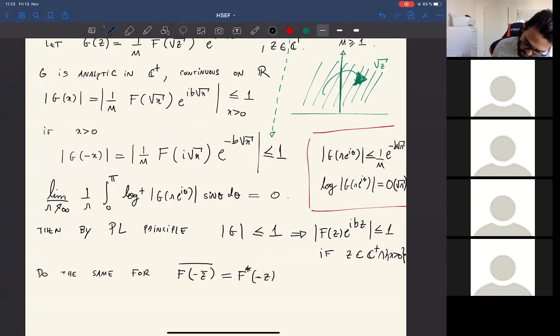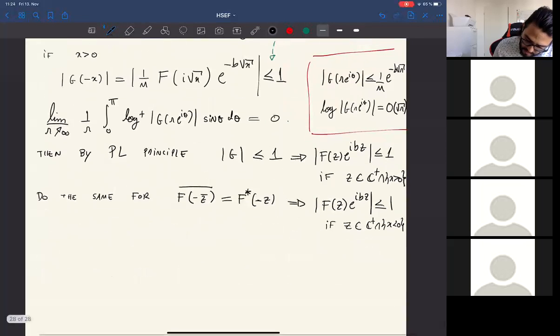It's an analytic function, and we conclude that it's going to be bounded in the other, just a calculation to see that's true, if z is in the upper half plane and x is negative. Conclusion, f of z e^{i b z} is less or equal to 1 in C plus.